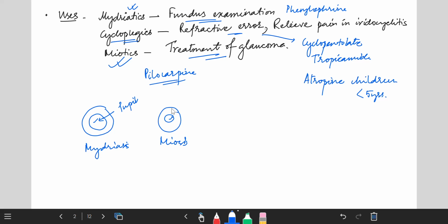And what is the pupil? The pupil is an opening in the center of the iris through which light enters the eye. So that is the clear concept about miotics or miosis, cycloplegics and mydriatics or mydriasis. That is very important from your exam point of view.